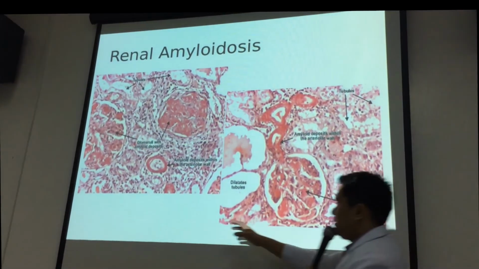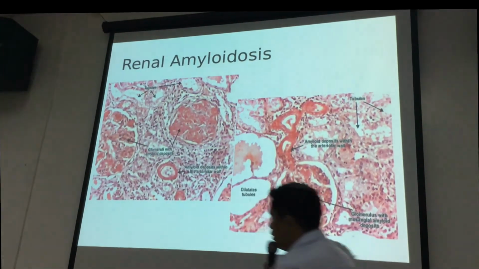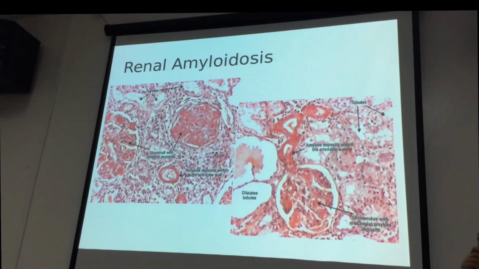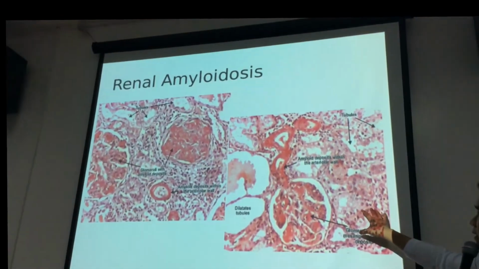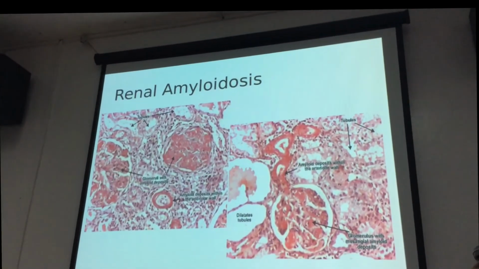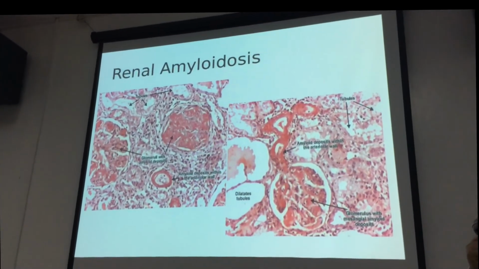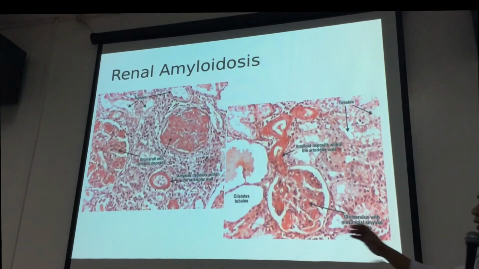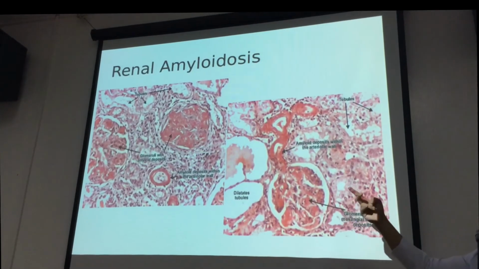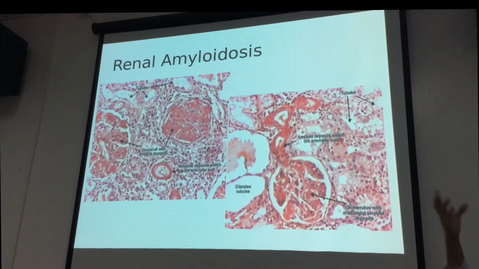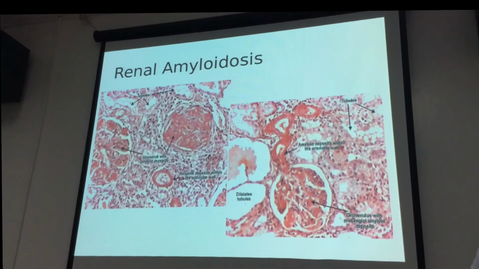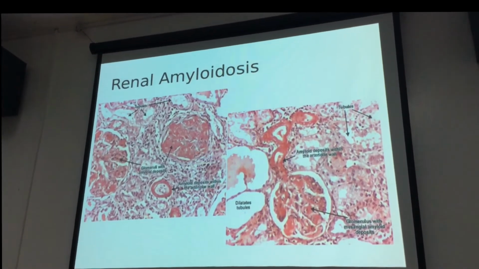Also, you can see this on the walls of the arteries or in the blood vessels adjacent to the kidneys. Now, the renal tubules seemingly would appear normal. And microscopically, you will see that the damaged glomeruli will all appear larger than the usual diameter or size of the normal glomeruli.